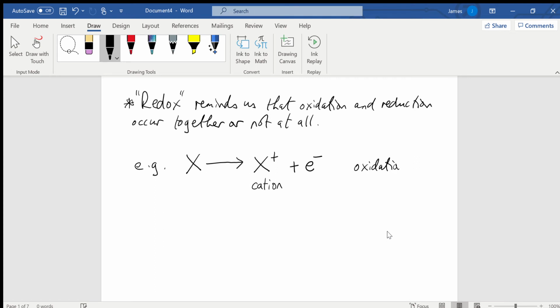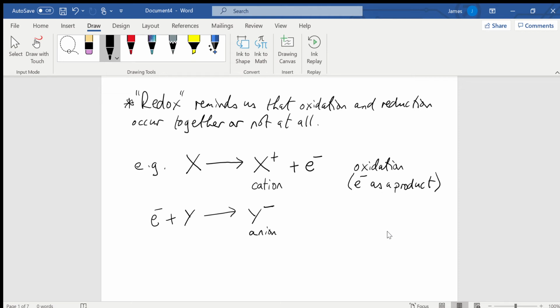Whenever you have an electron as a product, we know that's because you've produced it, so the thing on the left of the arrow has lost it. So that must be oxidation. Well, where did the electron go? It had to go somewhere, right? So let's say you have Y, and the electron went into Y to form Y minus, which is an anion.